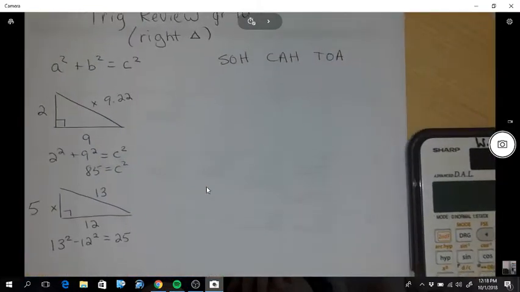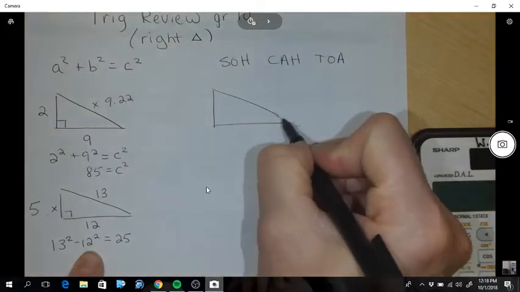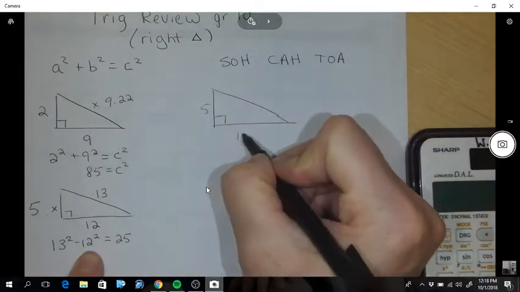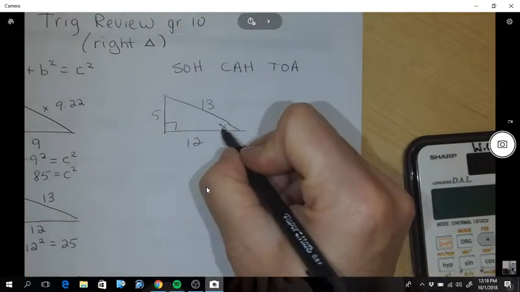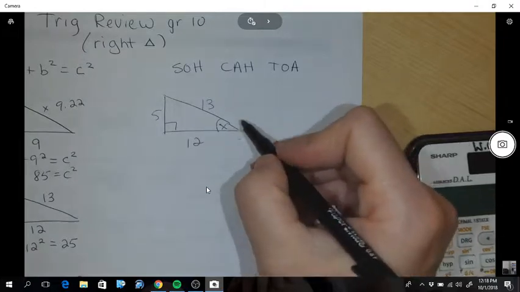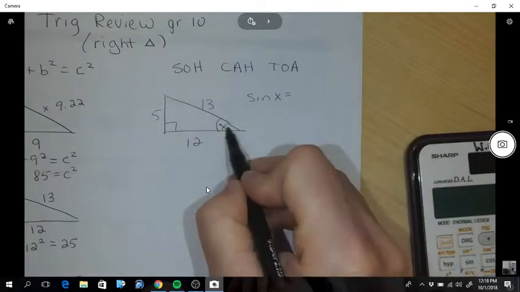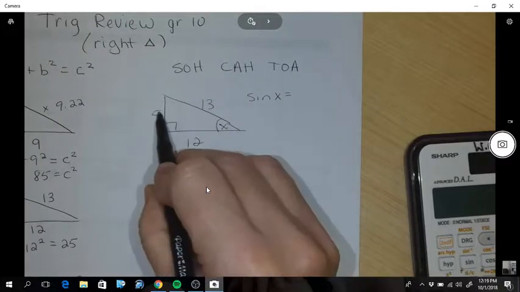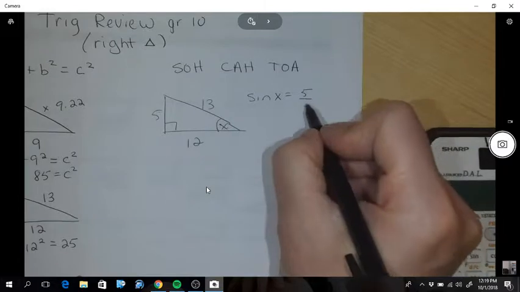Okay, SOHCAHTOA ratios, just a recap. What if I had this triangle with 5, 12, and 13? If I thought about this angle, and I wanted the sine of this angle, it would be taking the opposite side, so that would be the 5, over the hypotenuse.